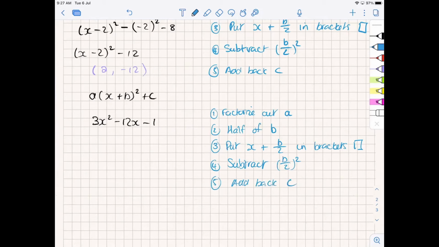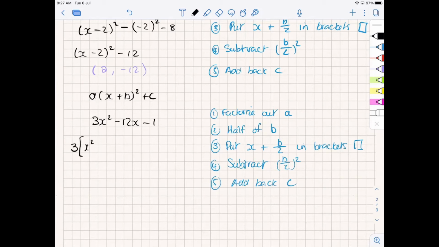So I was just writing that to give you a second. You should now just memorize the steps for completing the square. The first thing we need to do is factorize out a. So if I pull out a factor of 3, I'm probably going to end up having to use these big brackets.